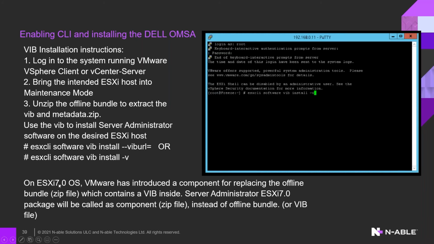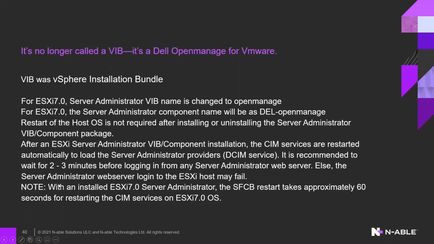And now I'm going ahead and basically telling you that, between when VMware was a part of Dell, they've now changed the naming conventions. VIB was a vSphere Installation Bundle. Now they've changed the name to Dell OpenManage, essentially, for Dell, right? And I think it's probably changed for HP as well.